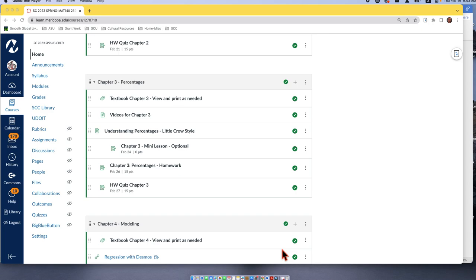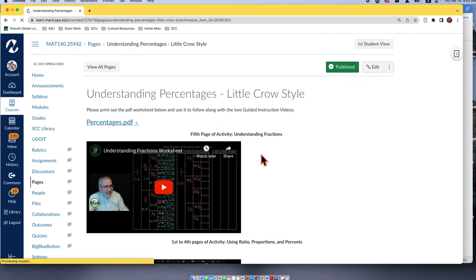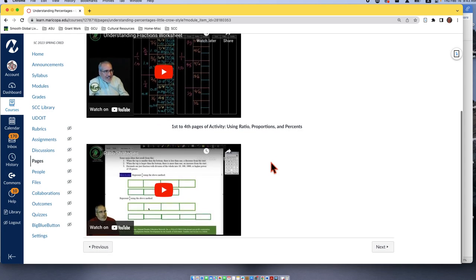Percentages. This also gets us into looking at exponential growth or decay, so that's a fairly powerful math tool we'll use. If you look under percentages, I'll show you, I have a little worksheet that goes over fractions and percentages.